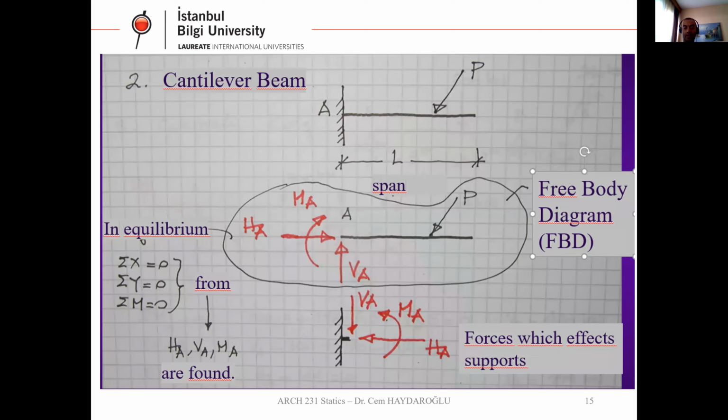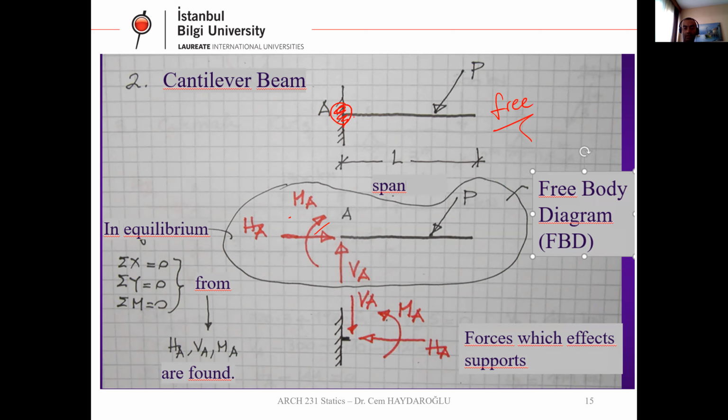Cantilever beam. We have only one support and one free end. As you can see, on the left-hand side, here is the fixed support, here is the free end.